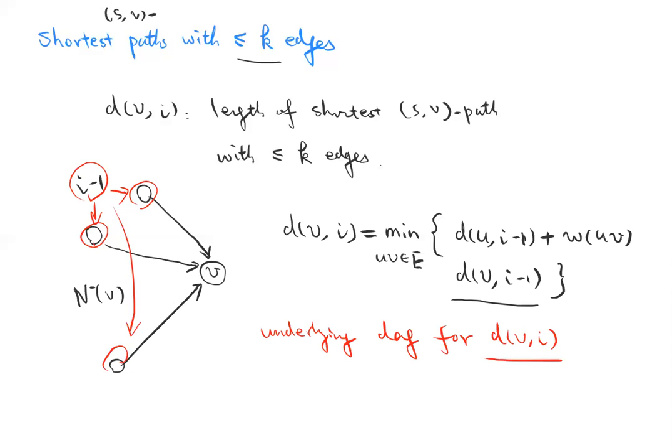So actually this one looks like a two-dimensional table. All right, so here i equals 1, 2, 3, up to k. So here are the vertices. All right. So the dependency, this one depends on the rows above it.